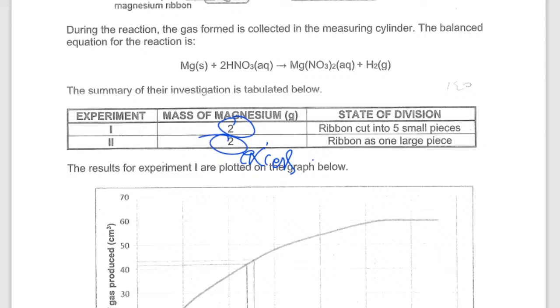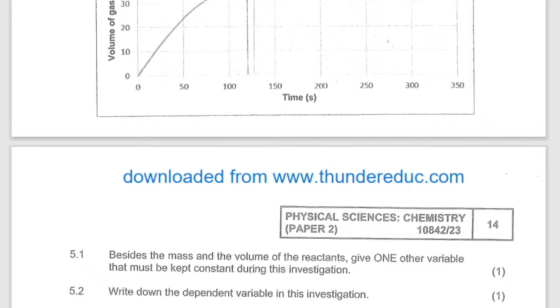The rate of reaction, or the volume of the gas you have collected, will depend on the concentration. So basically the volume of the gas per unit time you have collected is dependent.